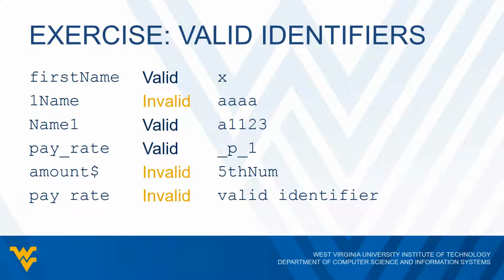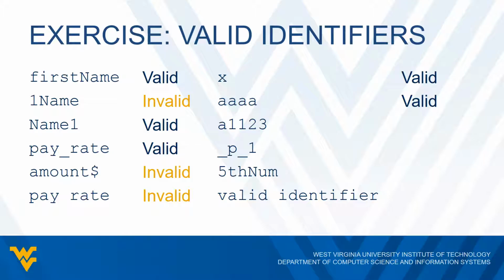In fact, here you would have to treat pay and rate as two separate identifiers to make them valid. The character x by itself is a perfectly valid identifier. There's no rule that says that an identifier has to have so many characters. The only rule is that it starts with an underscore or a letter of some fashion, but a single character is a perfectly valid identifier.